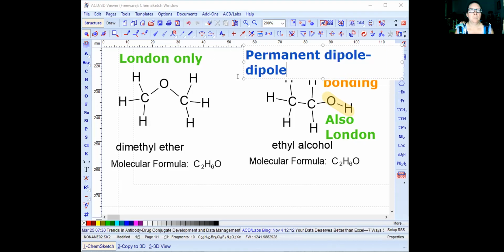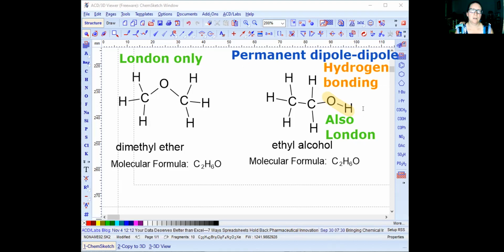So we would say for the molecule on the right, it has all three types of intermolecular forces, and the molecule on the left has London only. And therefore, the molecule on the right, we would expect it to have a higher boiling point, we would expect it to have a lower vapor pressure, and then your lab manual talks about this principle of solubility.